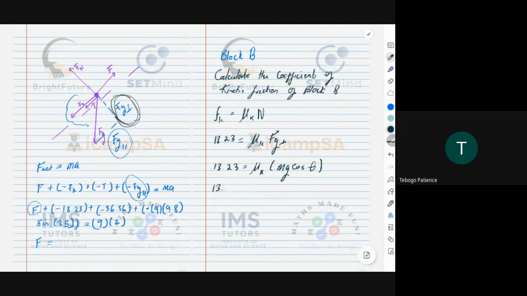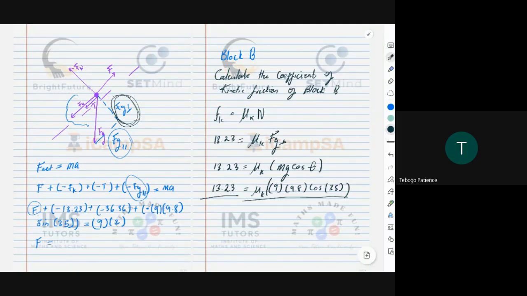Then you can just simply substitute your stuff here. This is going to be the 9 kg block times 9.8 cos 35, right? Then you can simply divide both sides by the number that you get there.